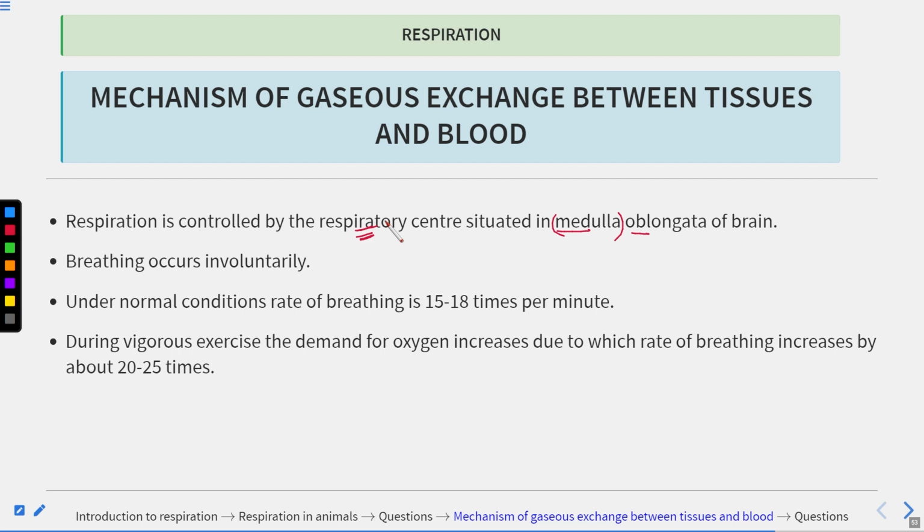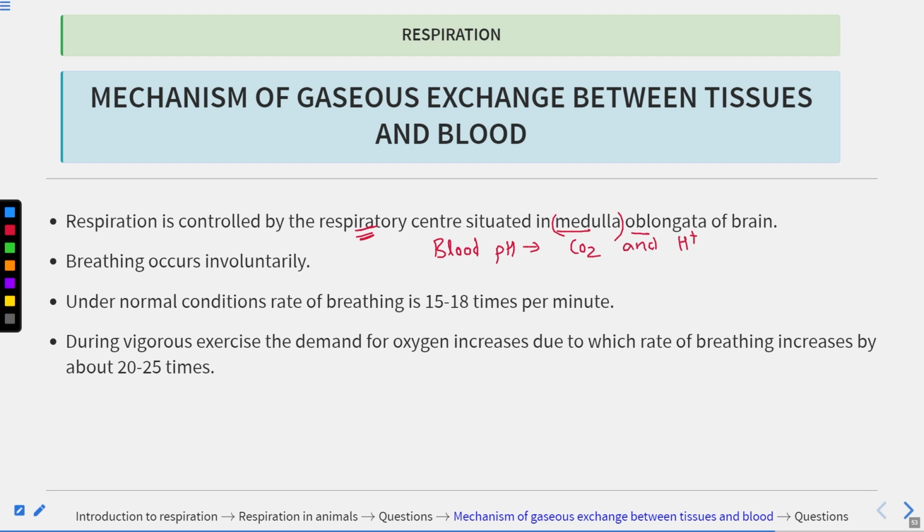The pH of the blood is dependent on the concentration of carbon dioxide as well as the protons. So blood pH is dependent on carbon dioxide and the H+ ions.